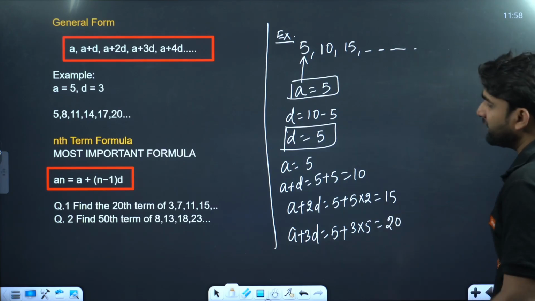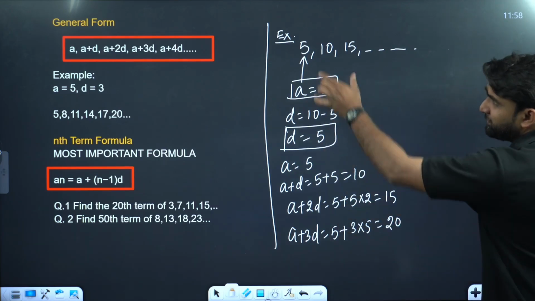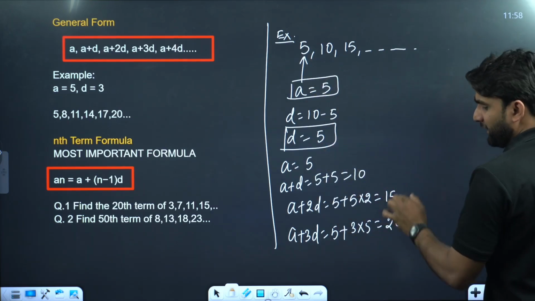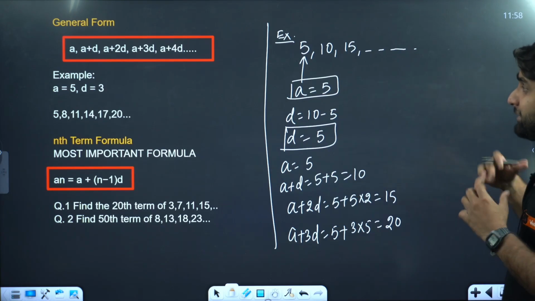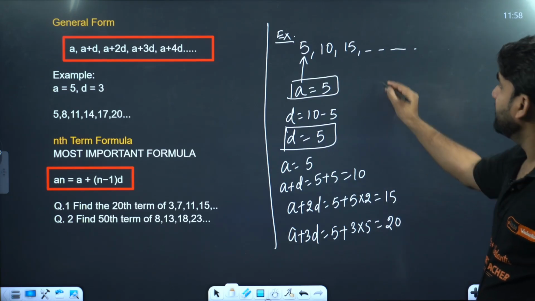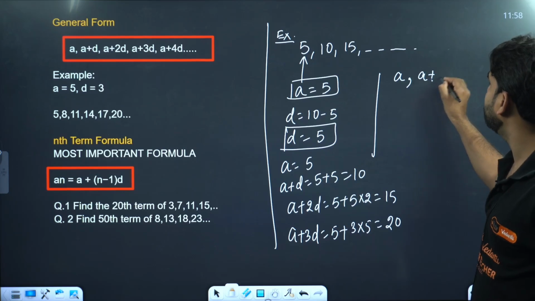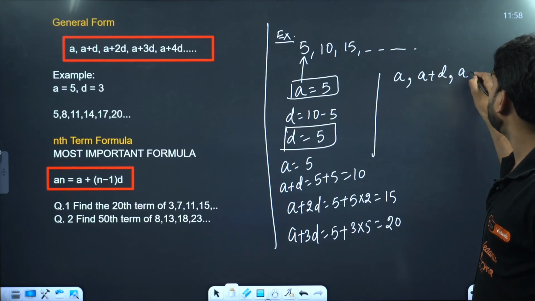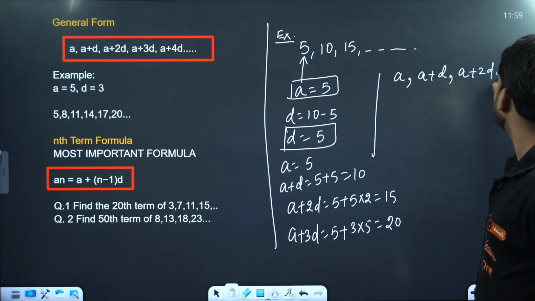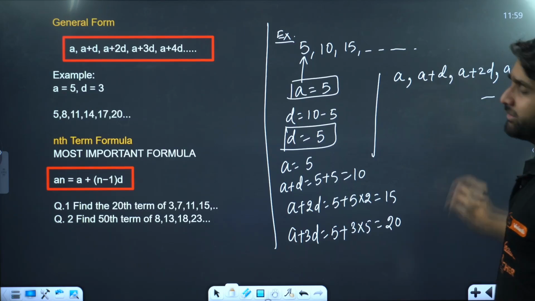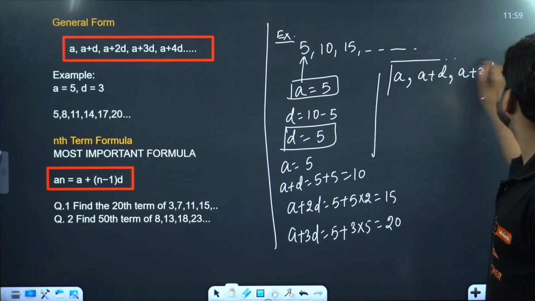Can you see, we are getting the same numbers present in the AP: 5, 10, 15, then 20. So for an AP, the first term is A, the second term is A plus D, the third term is A plus 2D, the fourth term is A plus 3D, and so on. This is called the general format.